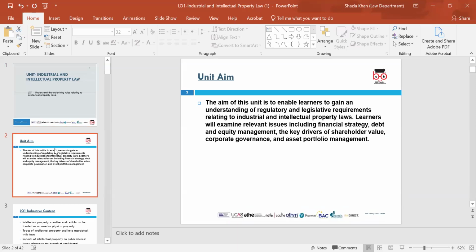So the unit aim for learning outcome 1 is to enable learners to gain an understanding of regulatory and legislative requirements relating to industrial and intellectual property laws. Learners will examine relevant issues, financial strategy, debt and equity management, and the key drivers of shareholder governance and asset portfolio.